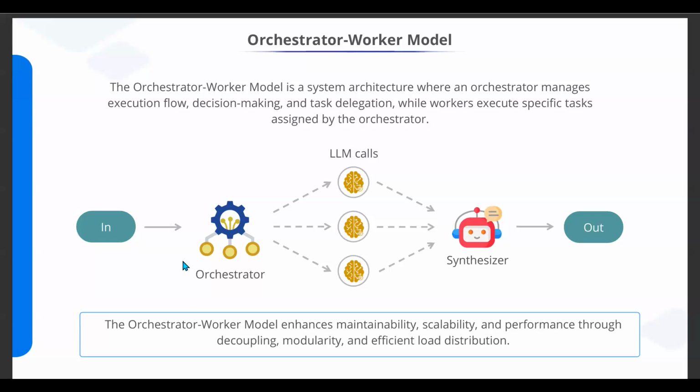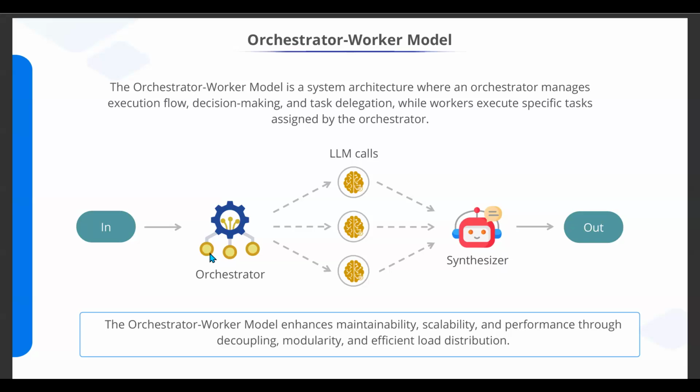In simple terms, the orchestrator controls the workflow, manages decisions, and assigns tasks, and workers perform the specific tasks assigned by the orchestrator. You can think of it like a company: the manager is the orchestrator and assigns the tasks, the employees perform the work, and later the manager collects the results. That's how the orchestrator-worker model works.